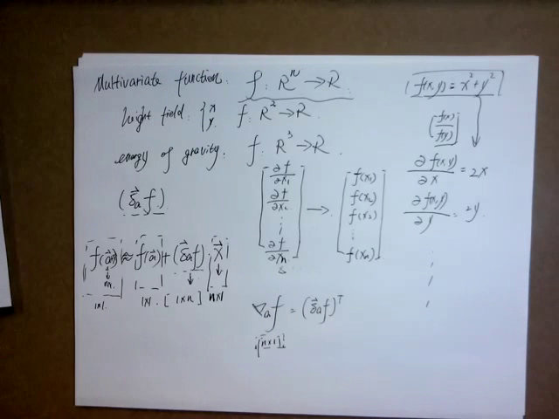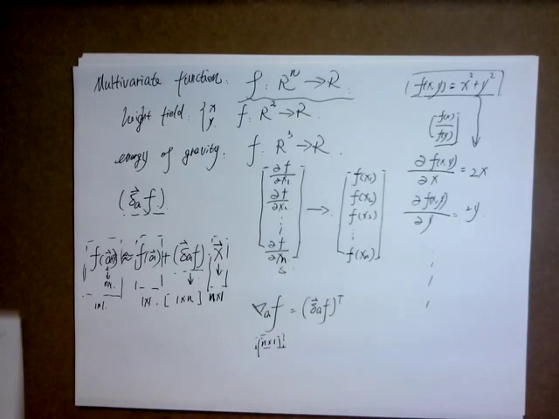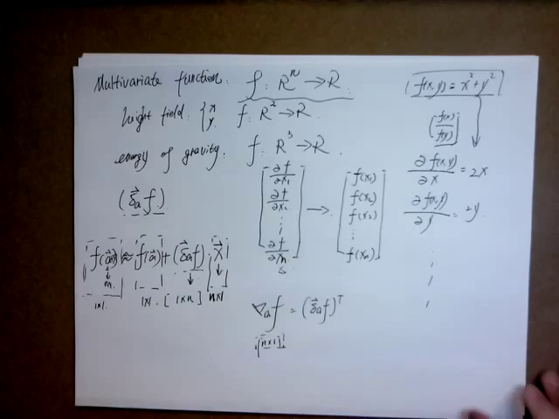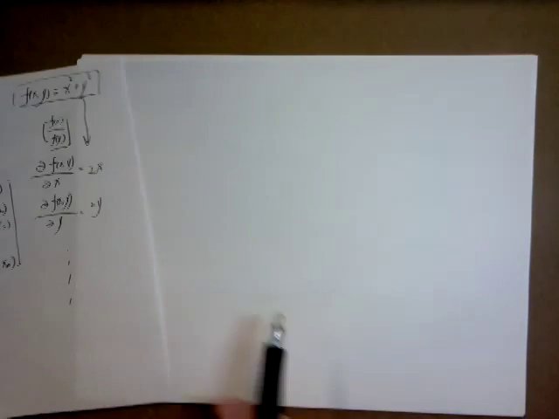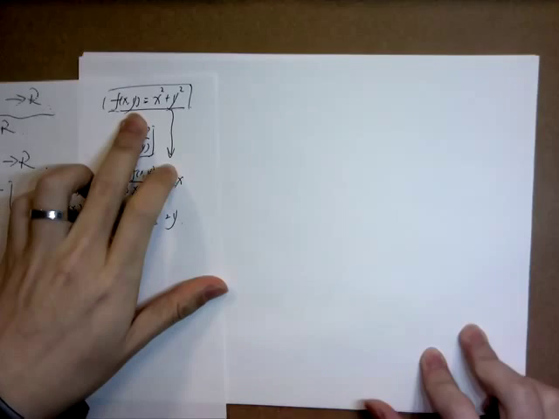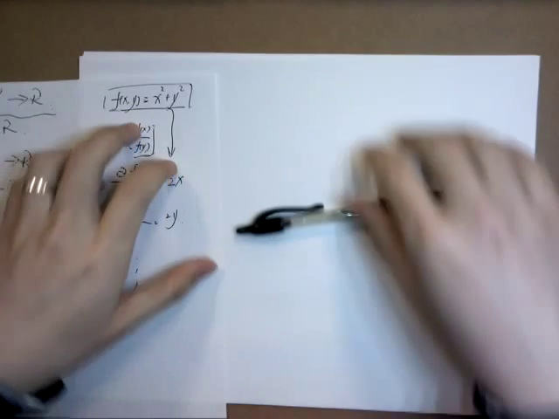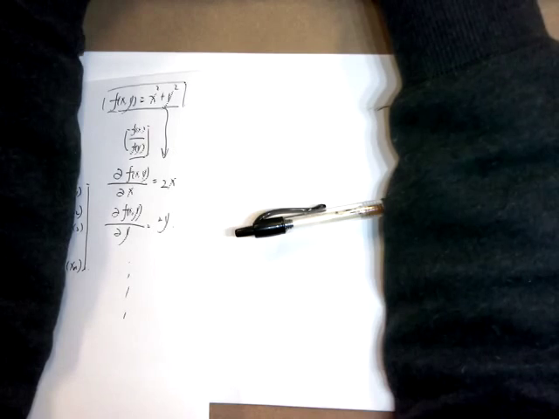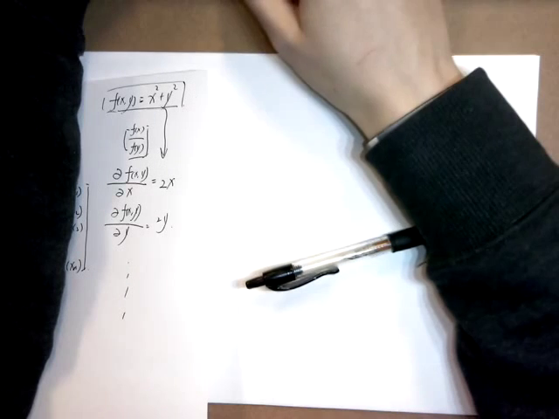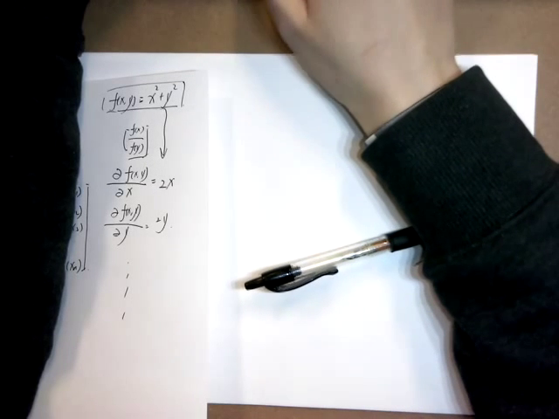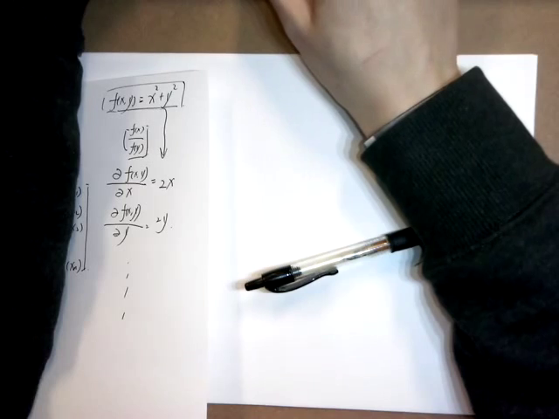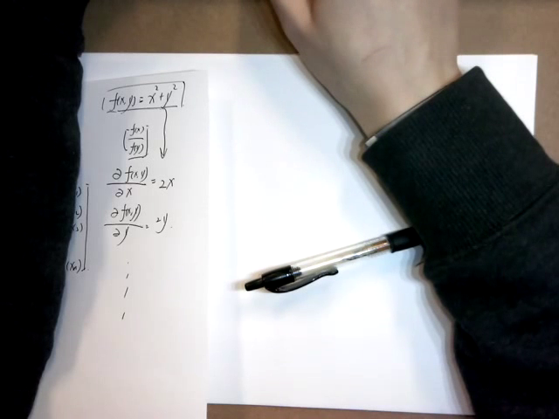So how do we see the meaning of the gradient? If I have this function, f(x,y) equals x squared plus y squared, let me show you the function.